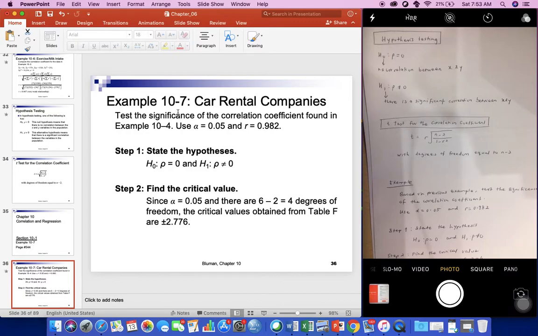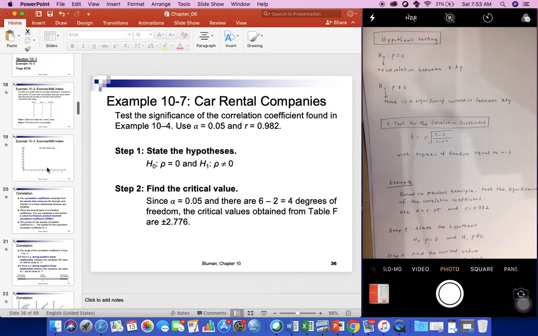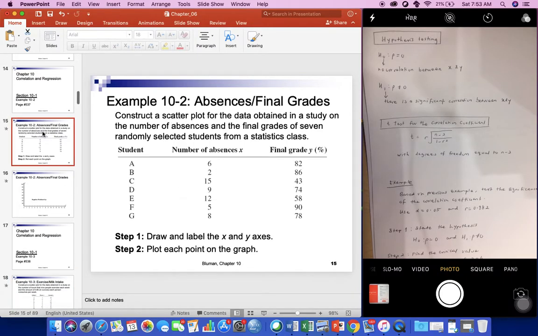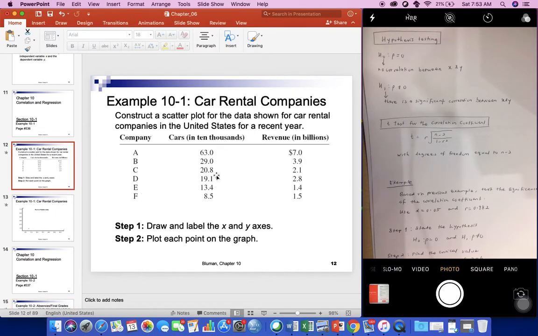Example 10.7, car rental companies. For this example, we use the same example. Remember we have 6 companies, so 6 is the value of n.